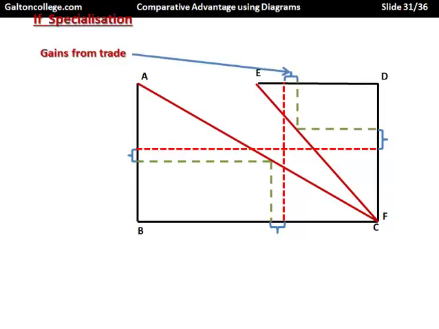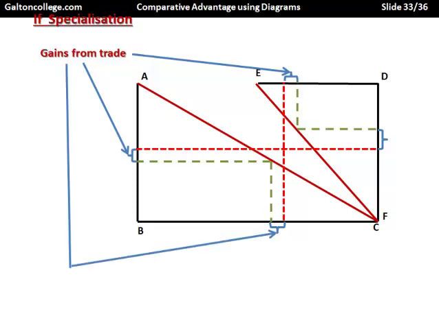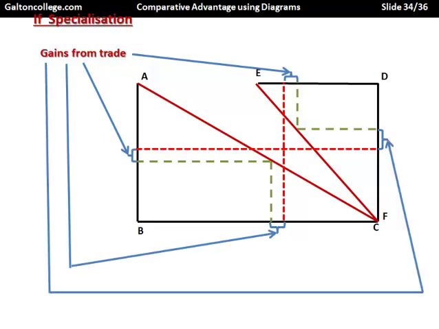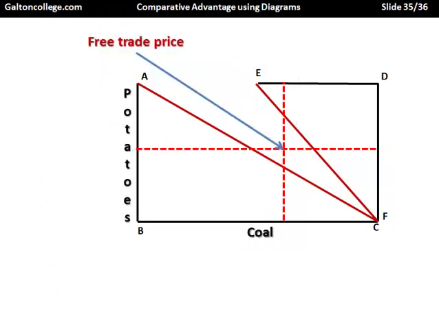So we call that a gain from trade, but that's also a gain from trade, as is that a gain from trade, and of course that one is a gain from trade. So we've got our 4 gains from trade. And we'll call it the free trade price.